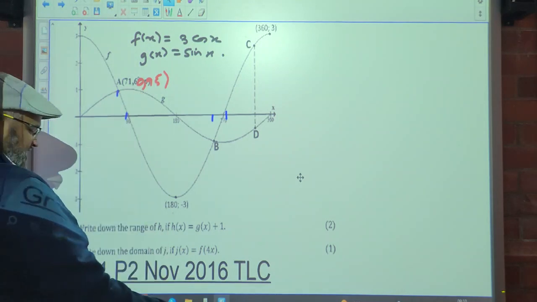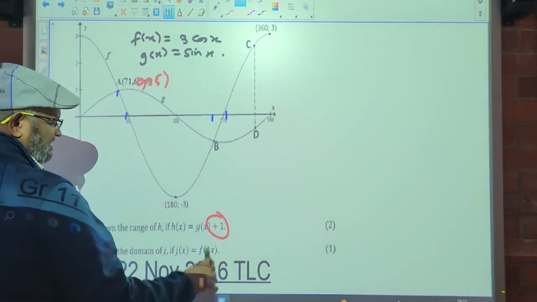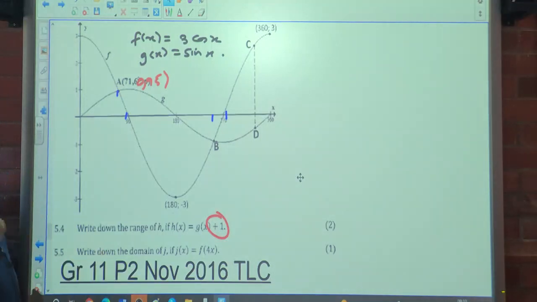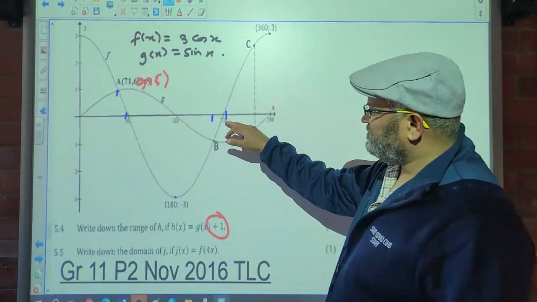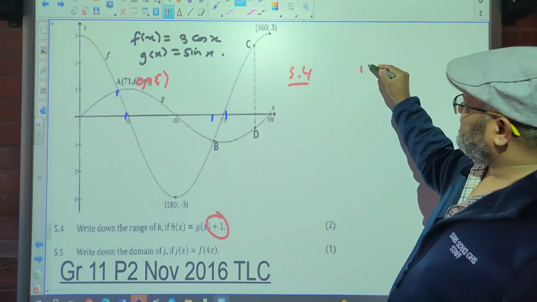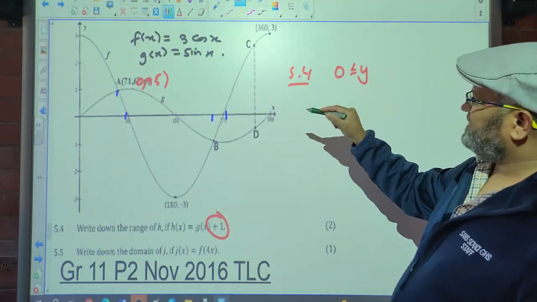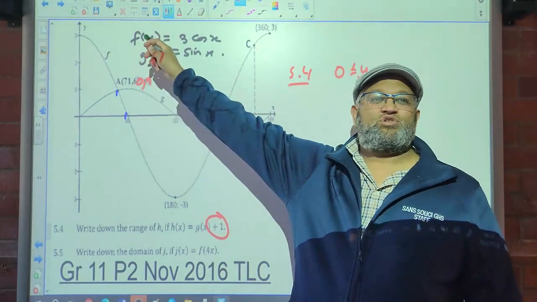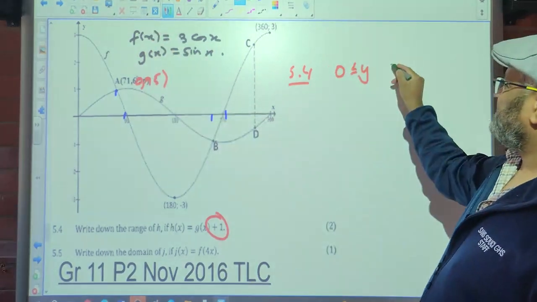That's the range. So if you're looking at plus 1, what effect does that plus 1 have on the graph? It shifts the graph 1 unit up. So from negative 1 it goes to 0, of course. So y is greater than or equal to 0. And from 1 it goes to 2, but less than or equal to 2.